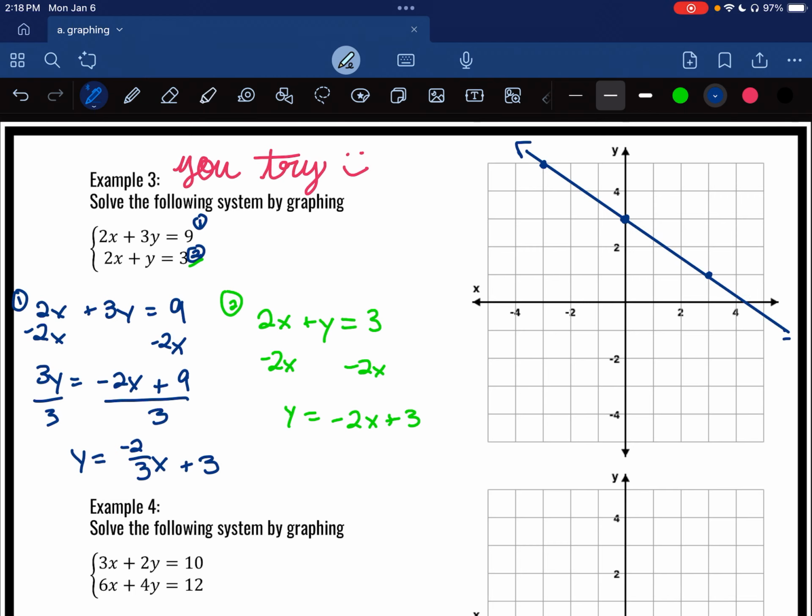Always putting arrows at the end. And then next, also has this y-intercept of 3, and this has a slope of negative 2. So it's going to go down 2 over 1, like so. And then I'm going to connect those dots.